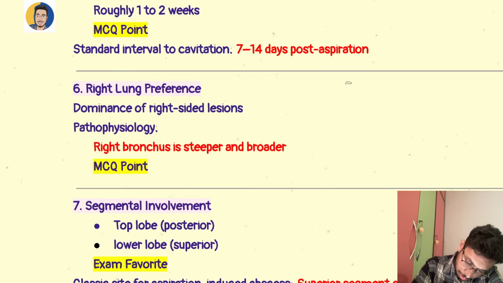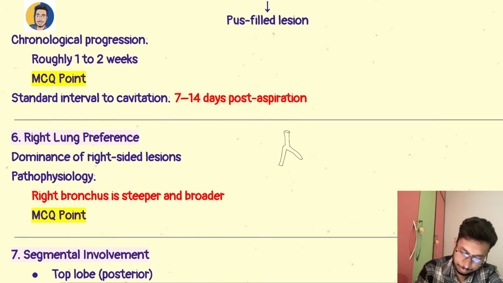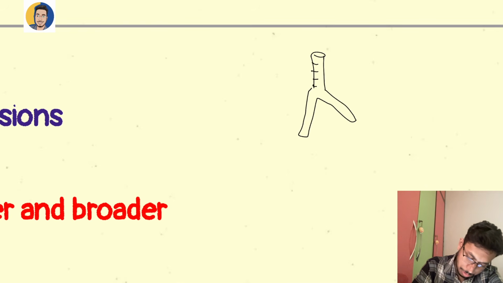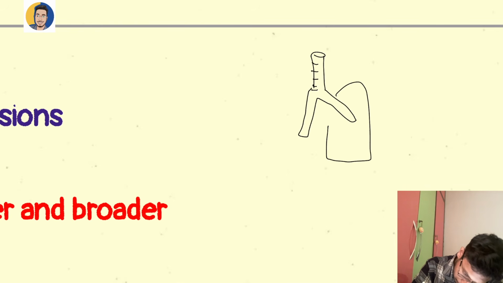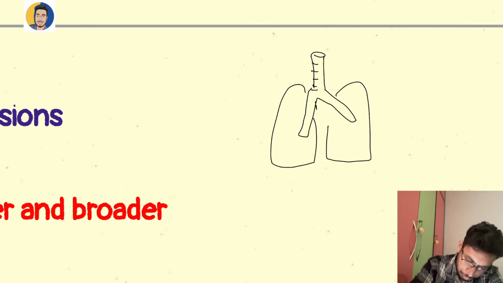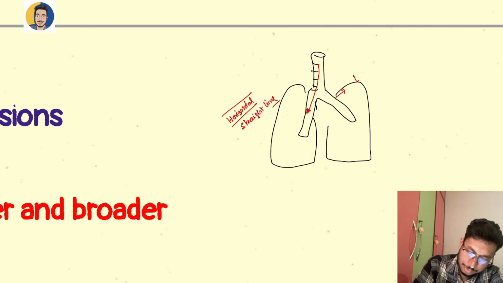So, if this is your trachea, the right side of the trachea is more horizontal in nature, or more in a straight line, compared to the left side when it gets divided.